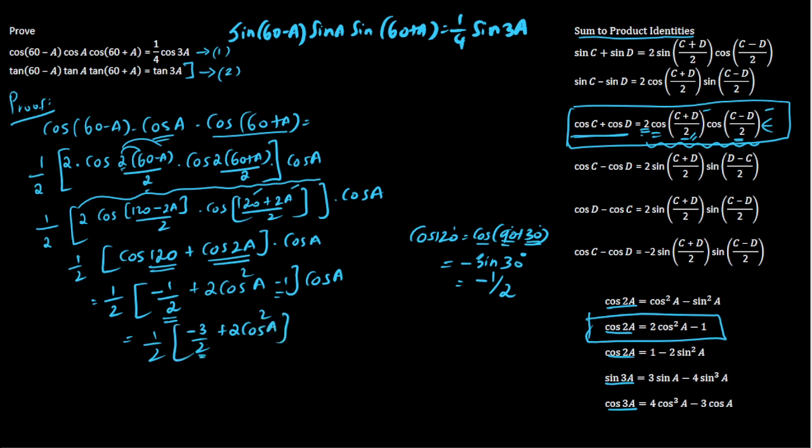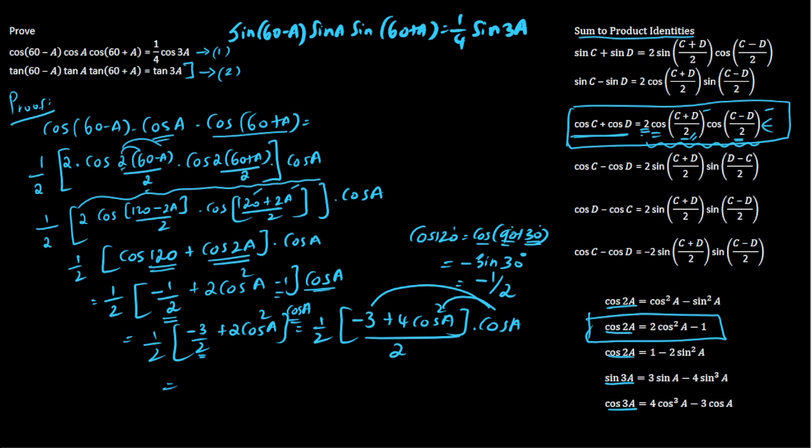So let's distribute this 2. So we will get 1 by 2, minus 3, sorry, I'm missing this cos A carried over from here to here. So minus 3 plus 4 cos square A, divided by 2, multiplied by cos A. Let's distribute the cos A. Let's multiply these two 2's, so we will get 1 by 4.